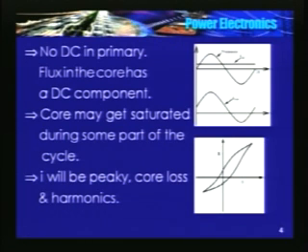We have been told that if the core saturates, core loss increases and the current is going to be peaky. The moment current becomes peaky, it has harmonics. The effect of harmonics I will discuss sometime later. So if there is a DC flux in the core, in some part of the cycle the core may get saturated, and the source current drawn from the source may become peaky.